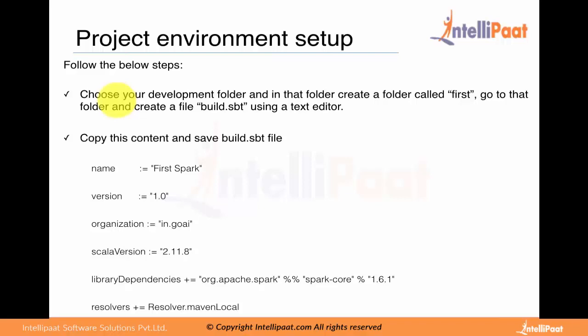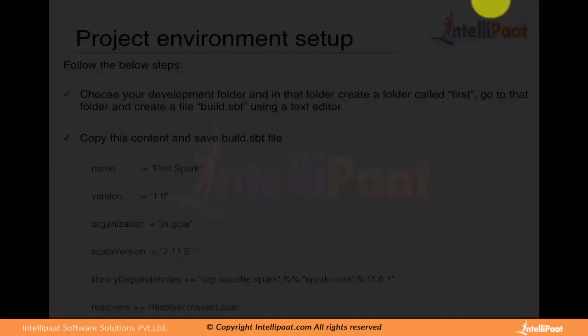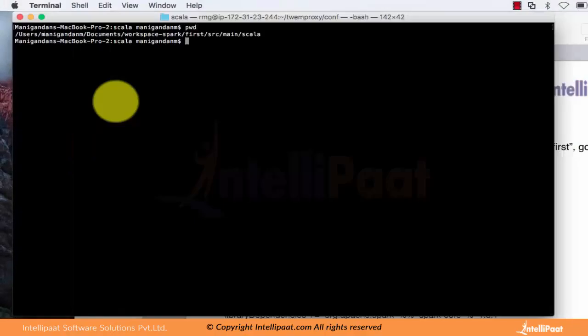Inside the folder, create another folder called FIRST. And inside that you are going to create a file called build.sbt, and then in that file you're going to copy these contents. Okay, I'll show you in an example. I will show you on the shell how it is. So I'll just go back.